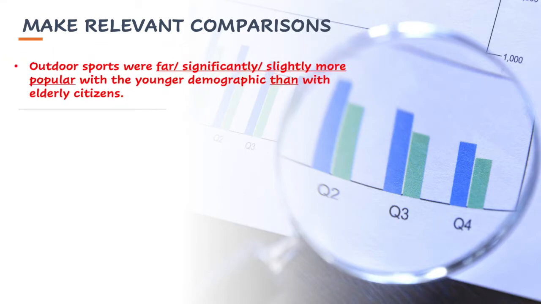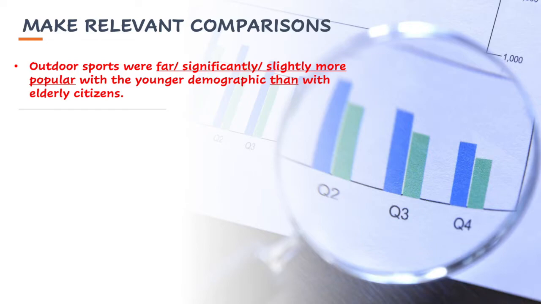And I'm going to take an abstract example. Outdoor sports were far more popular with the younger demographic than with elderly citizens. Here I'm imagining a task about sports and how many people participated in them. Depending on just how much more popular outdoor sports were, I could say significantly more popular or slightly more popular as well.